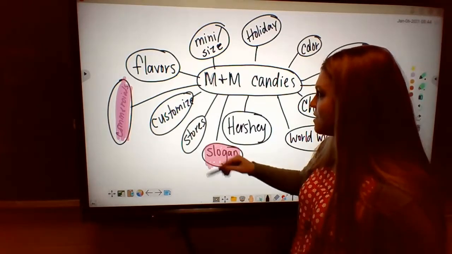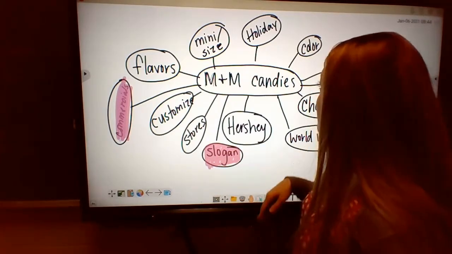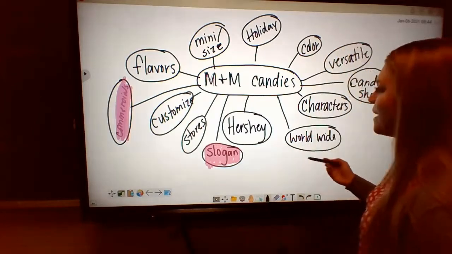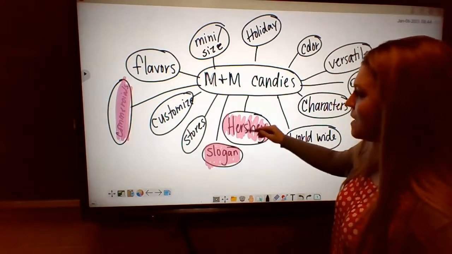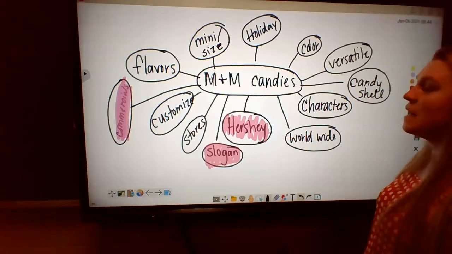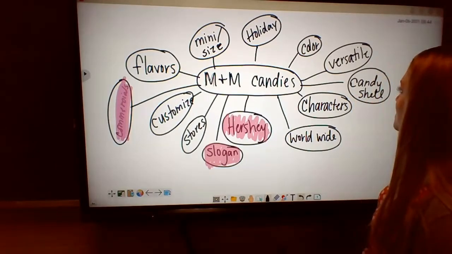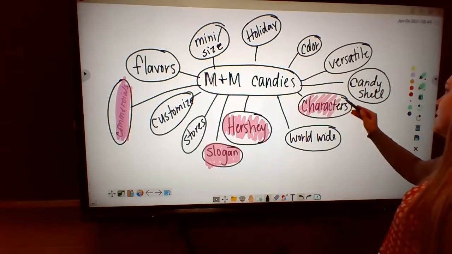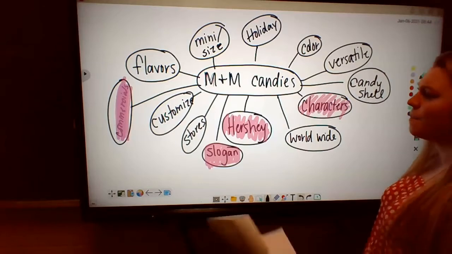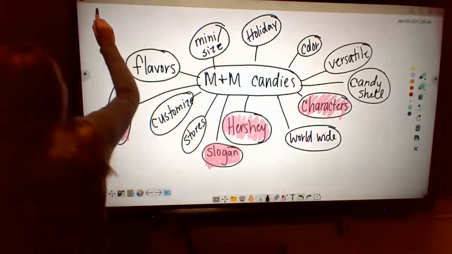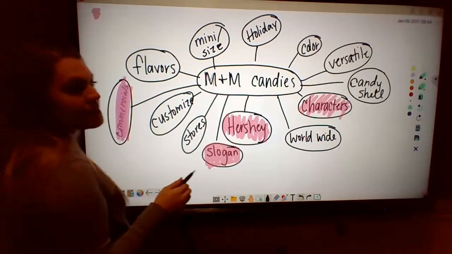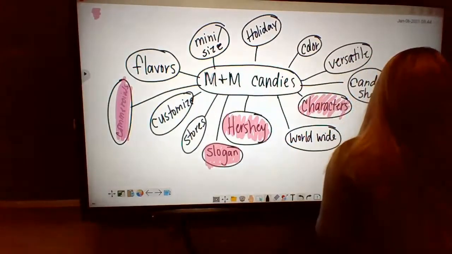I think that Hershey does this really well, their advertising, which can also kind of go with Hershey Park itself. Whenever you go around, you see the people dressed up as M&Ms, which also kind of goes with the characters. All right, cool. So we have one supporting fact right now, and that, I would say, is advertising.